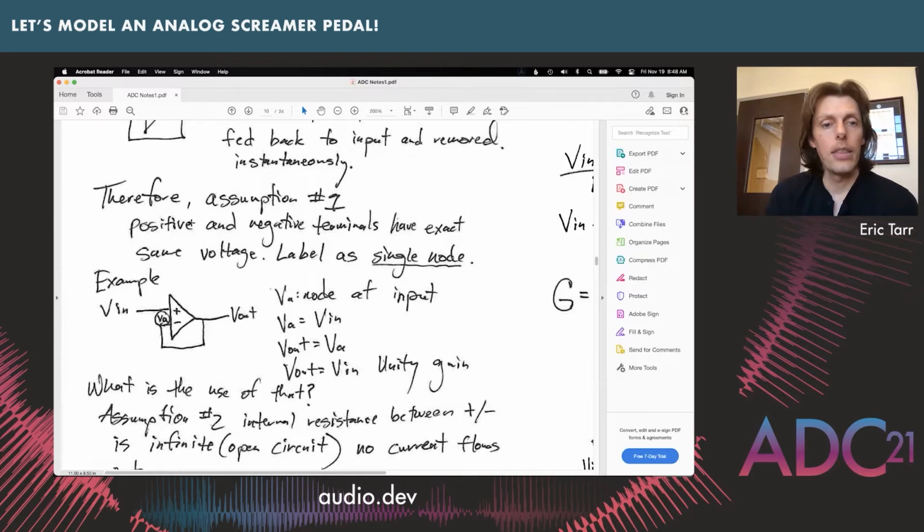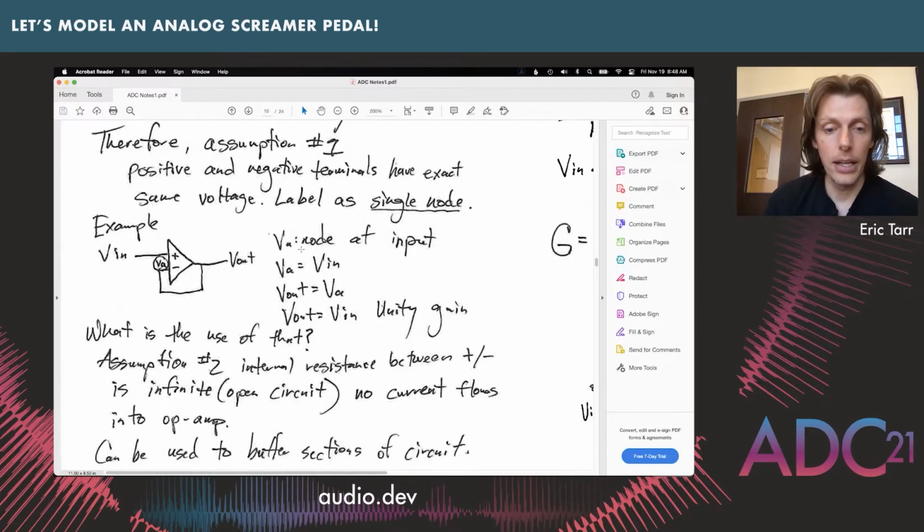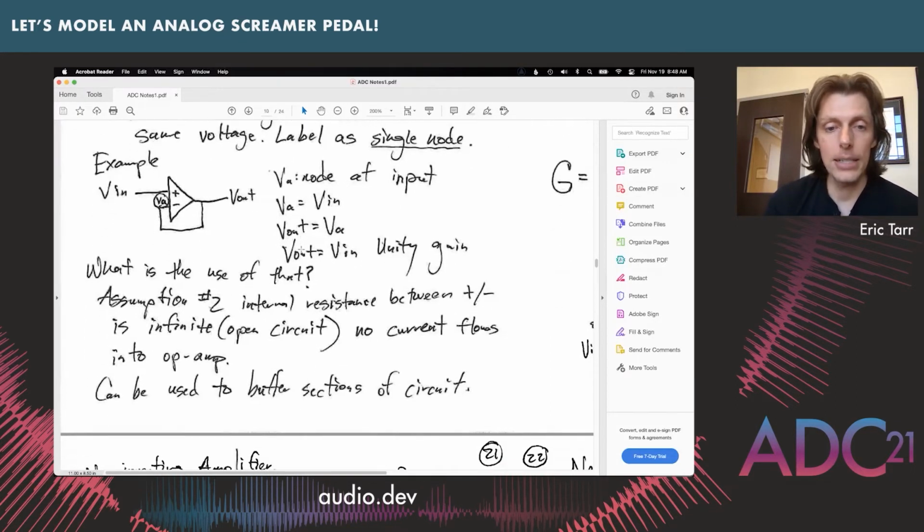There are these 2 input terminals, the positive and negative terminals. We're going to make the assumption that those terminals have the exact same voltage. So in some cases, we'll label this as a single node and say our voltage at the positive terminal is equal to the voltage at our negative terminal. Another assumption we'll make is that there's no current that's allowed to flow into our op amp.